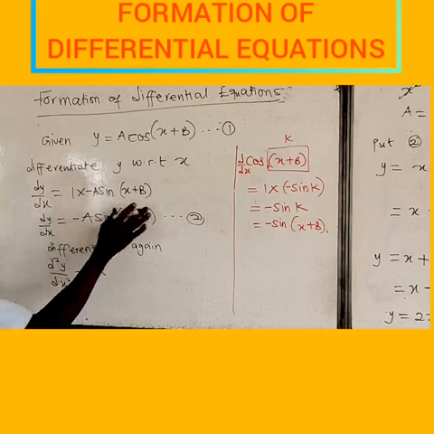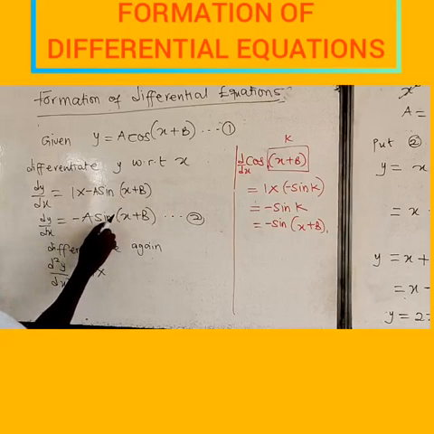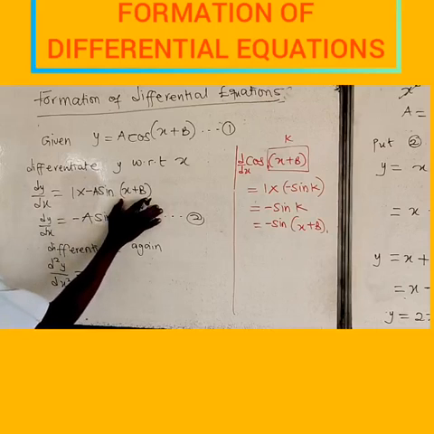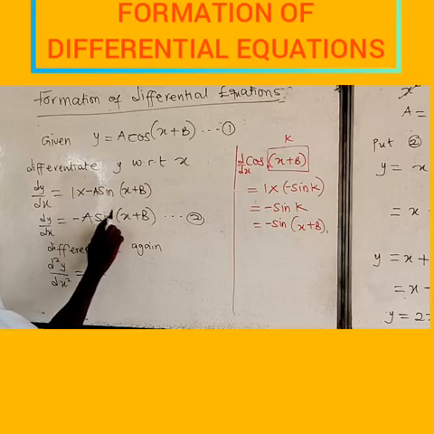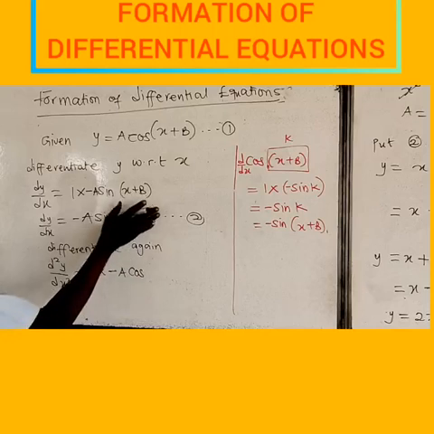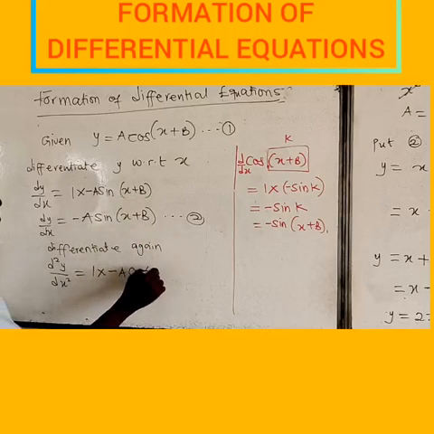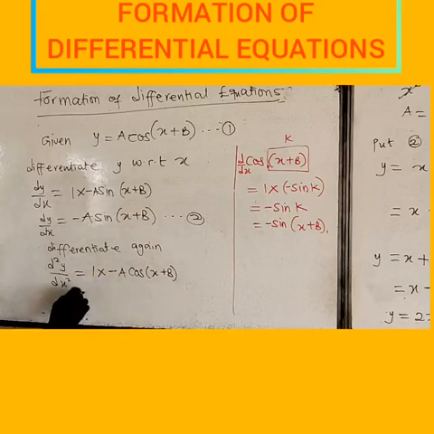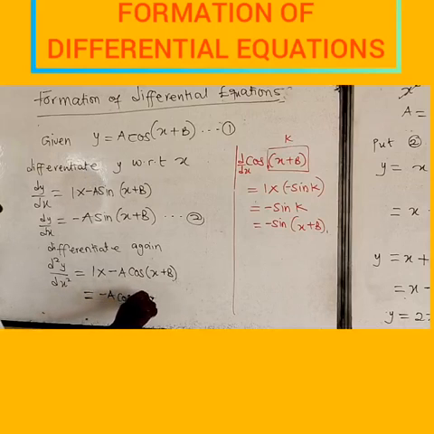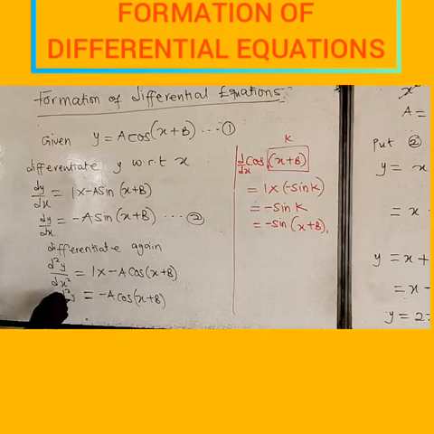Multiply by, if you differentiate negative a sine the baby, we get negative a, since differentiating sine gives cos, and cos the baby, repeating the baby. The woman is still pregnant. So we have 1 times negative a cos(x + b), which gives us negative a cos(x + b). So this is the second derivative.